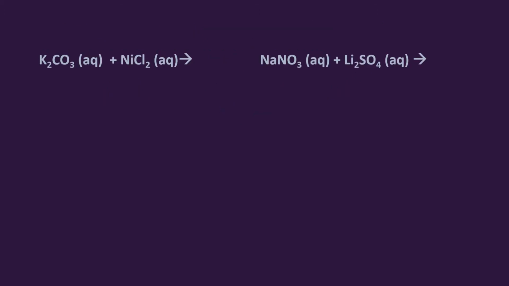Okay, to figure out our possible products, we're going to list our cations on one side. In this case, it would be potassium and nickel. Nickel would be +2. And then we're going to list our anions on the other side, carbonate and chlorine.